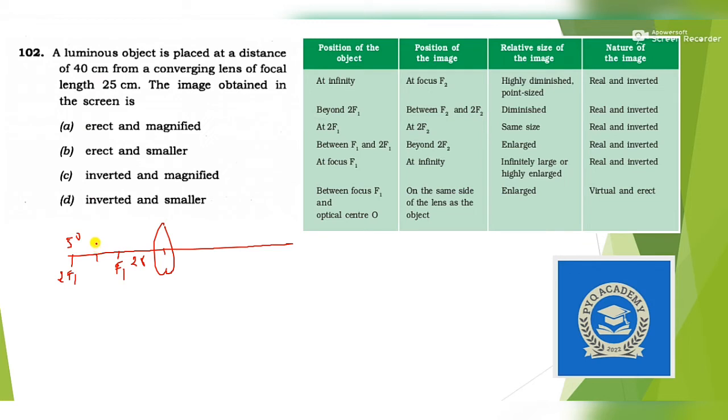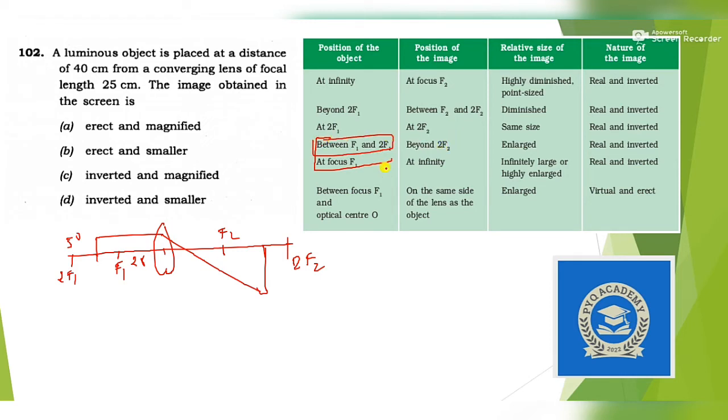Now suppose it makes an image, it will form like this, between 2f2 and f2. So you can also see here, when the object is between f1 and 2f1.